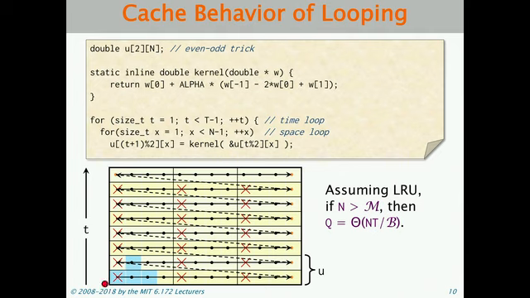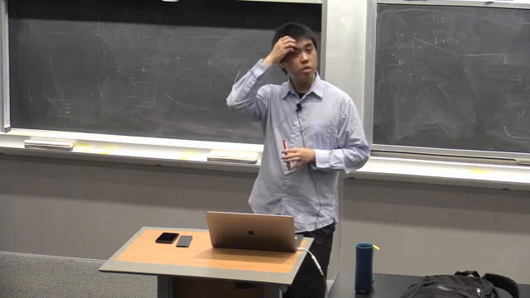And then I have n elements that I need to compute, so it's theta of n over b per row. And as we said before, when we get to the next row, the stuff that we need from the previous row has already been evicted from cache, so I basically have to incur theta of n over b cache misses for every row. And the number of rows I'm going to compute is t, so it's just theta of nt over b. Any questions on this analysis?